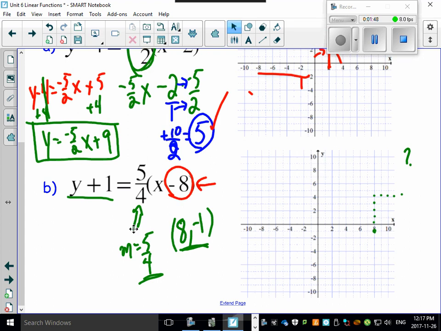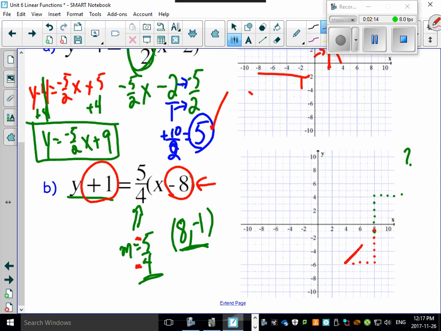Well, here's what you can do. Instead of rising 5 over 4, how about you rise negative 5 and negative 4? Because you know, and I know, just based on something like this, that a negative negative is a positive. So here we go. Let's start from here. That means down 5, 1, 2, 3, 4, 5, and over 4, 1, 2, 3, 4.